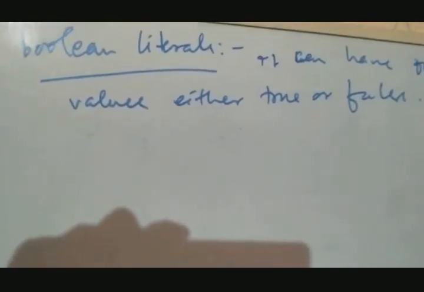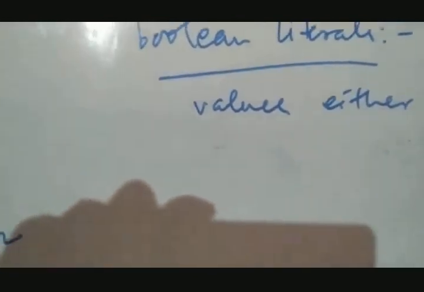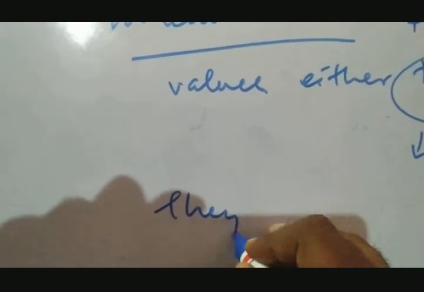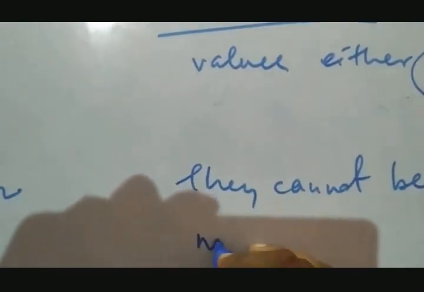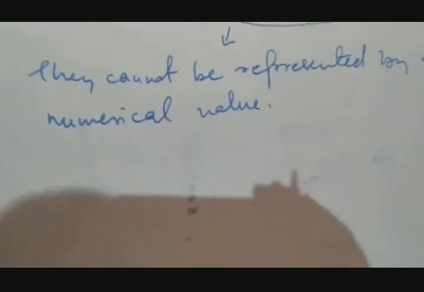What you need to remember is that true and false cannot be represented by any numerical value. That means if I say 0 is true and 1 is false, it is not possible. True is true and false is false. These Boolean literals you can get through the relational operators. Their return type is a Boolean literal, so either true or false.